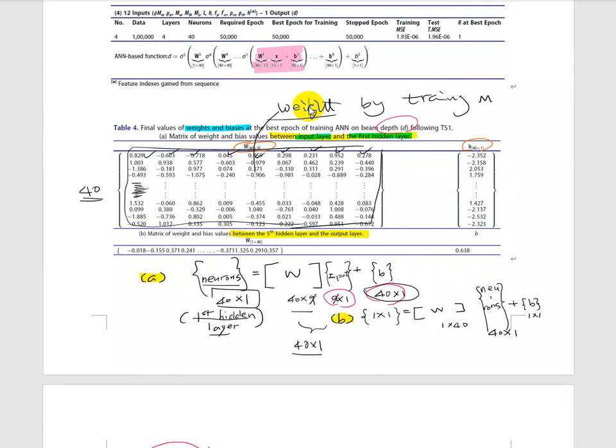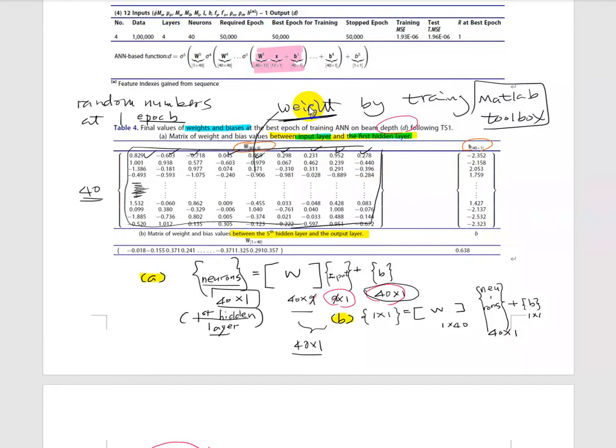Again, we use a Matlab toolbox simply to get these weight matrices. They are now correct, even though the matrix started with random numbers at the first epoch.